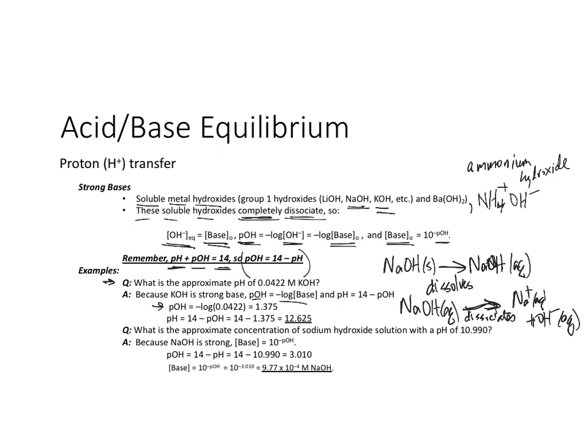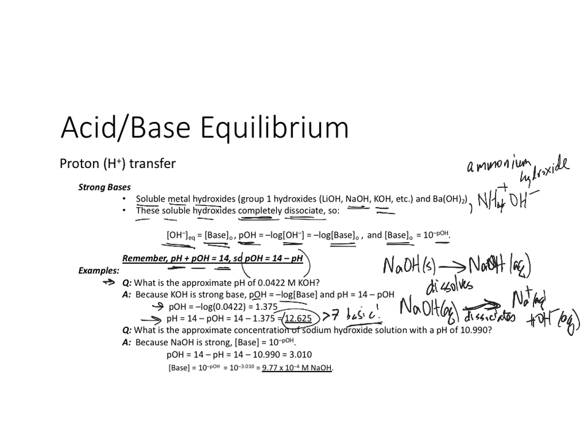So pOH is going to be the negative log of 0.0422 or 1.375. pH is going to be 14 minus pOH. 14 minus 1.375 is 12.625. Notice that is greater than 7. So indeed, this is a basic solution.